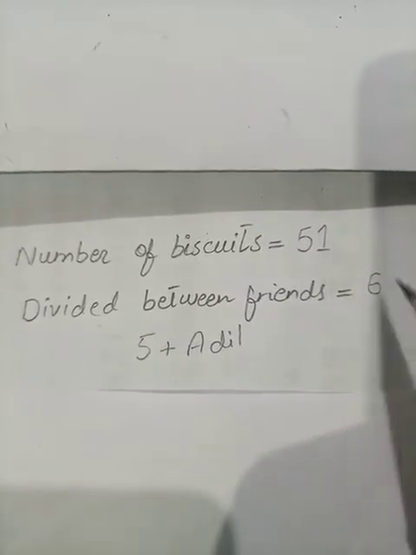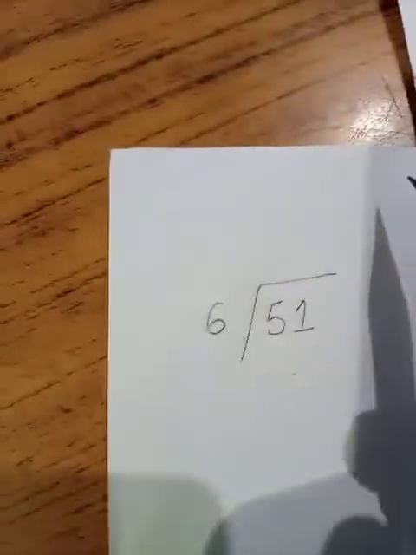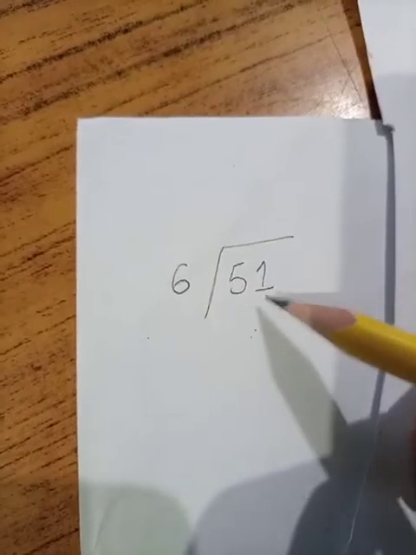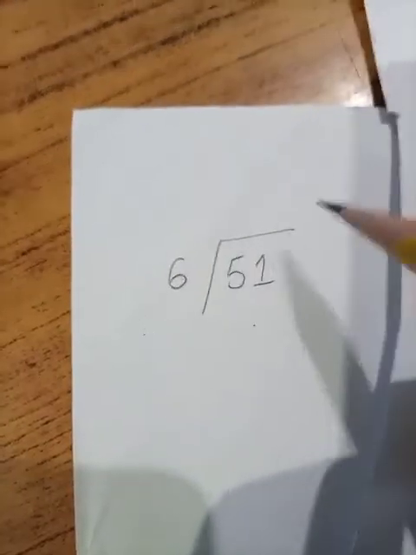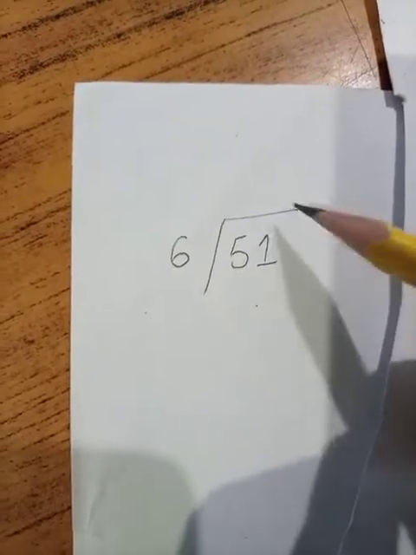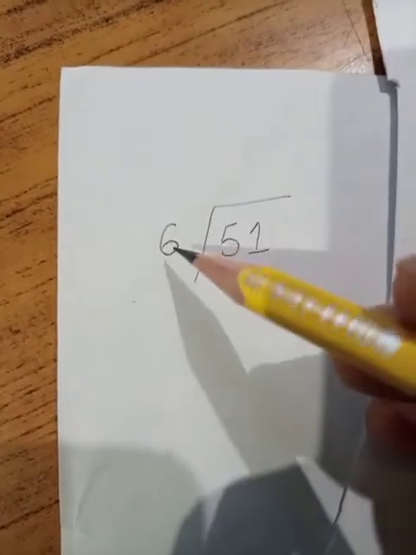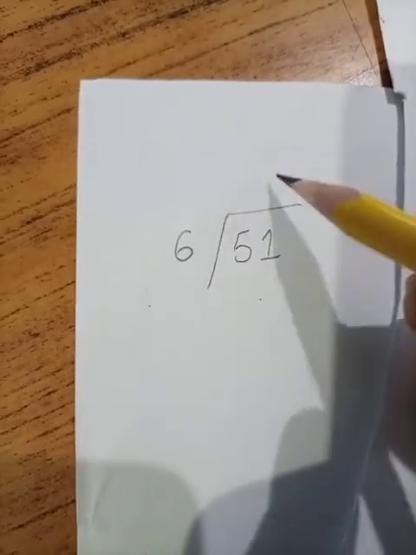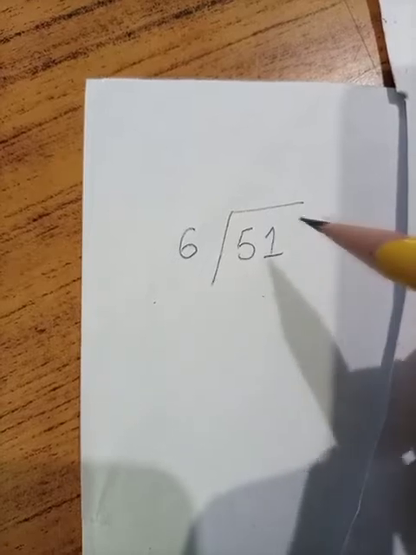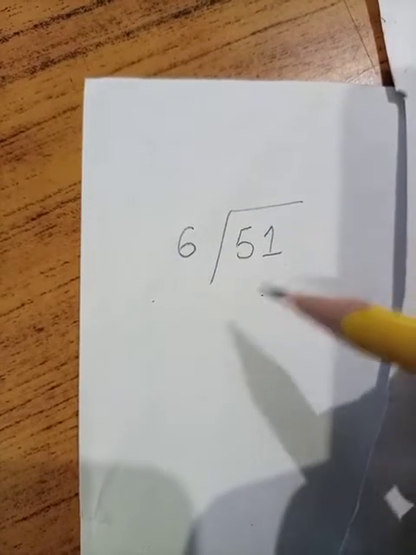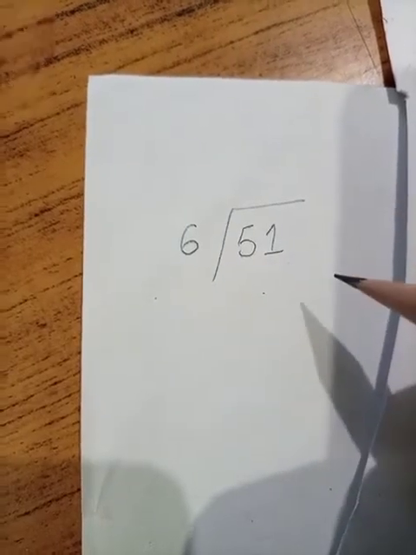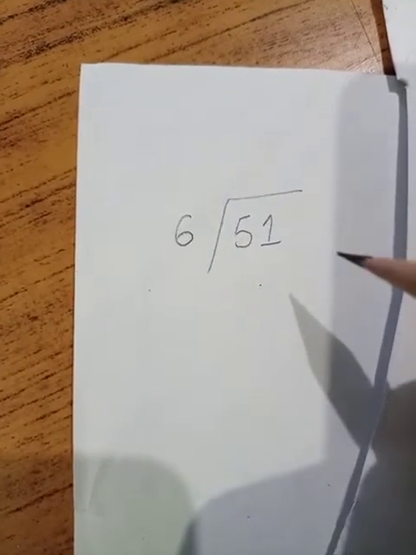So students, let's try to divide it. Look at this students, here I have written the dividend and my divisor. Next step is division. So students, you very well know about the division concept. Let's divide it. 6 ones are 6, 6 twos are 12, 6 threes are 18, 6 fours are 24, 6 fives are 30, and 6 sixes are 36, 6 sevens are 42.